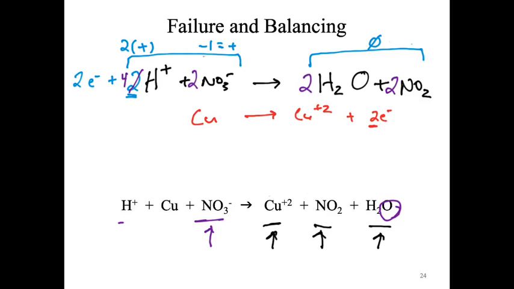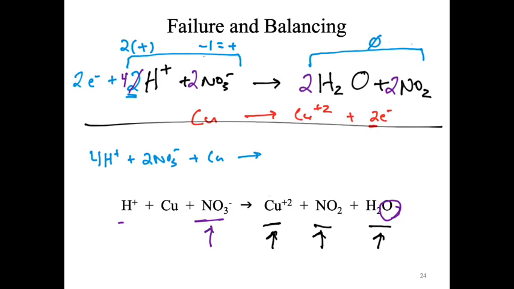Now I can add my equations together. I would get 4H plus 2 NO3 minus plus Cu yields 2 H2O plus 2 NO2 plus Cu 2 plus. Yeah?